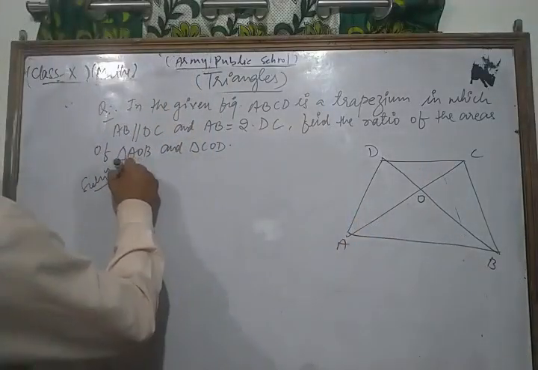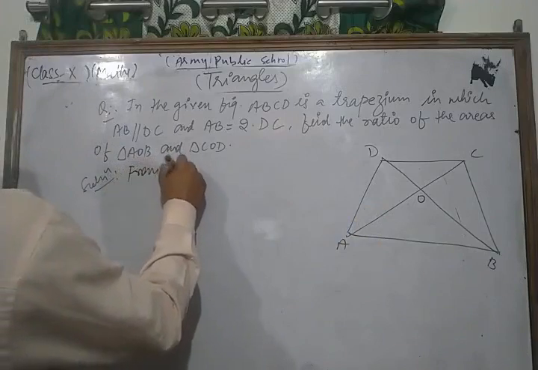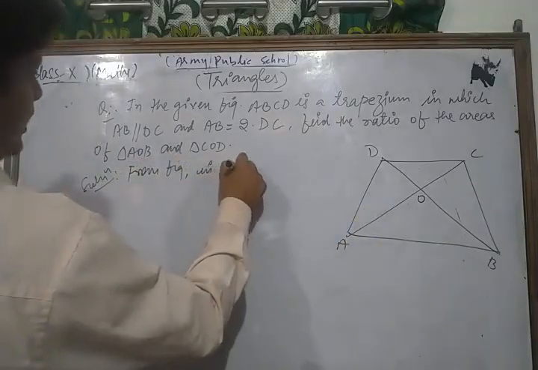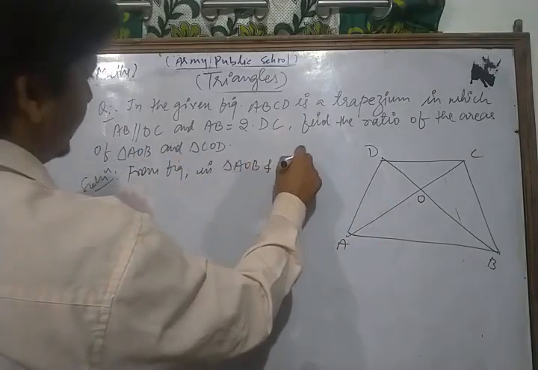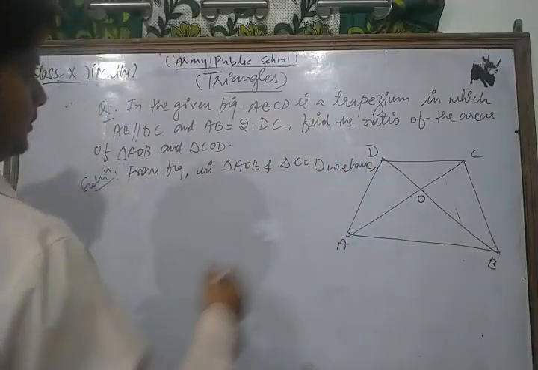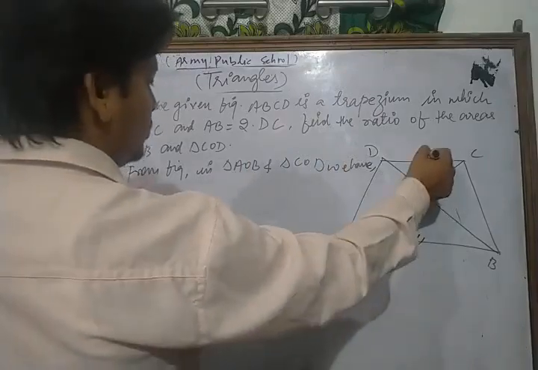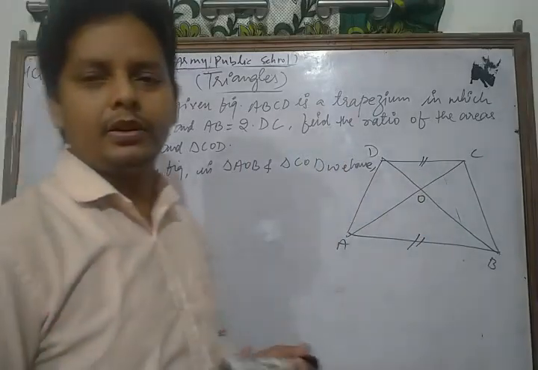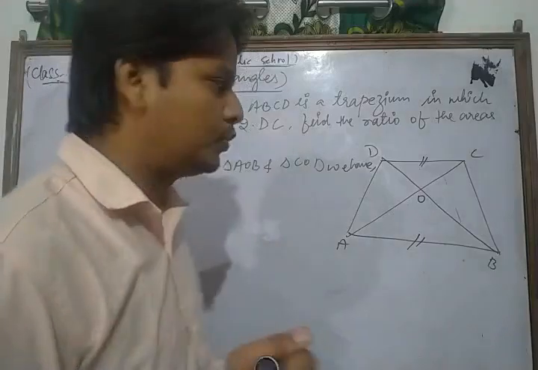Now from the figure, in triangle AOB and triangle COD we have AB parallel to CD, because in a trapezium one pair of sides is parallel to each other.